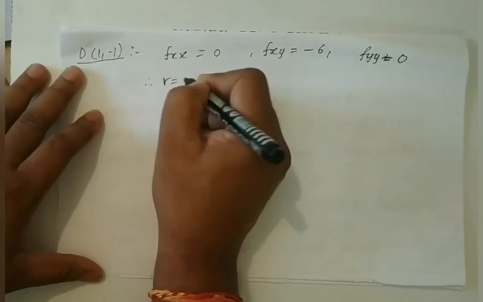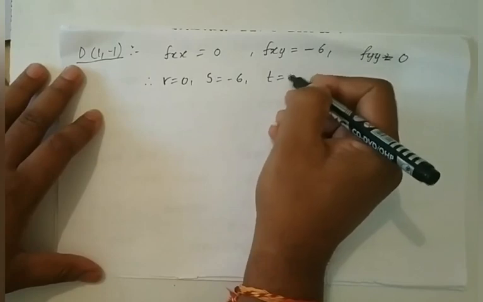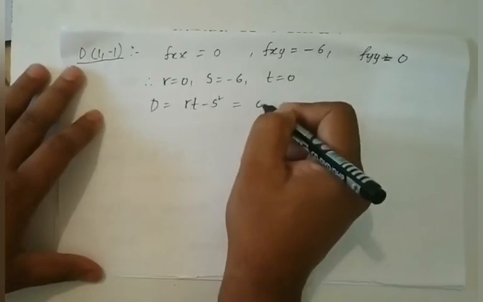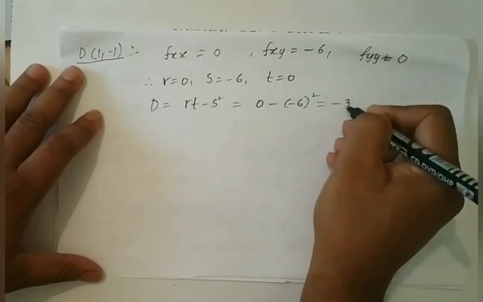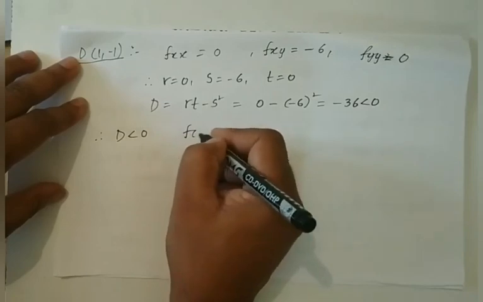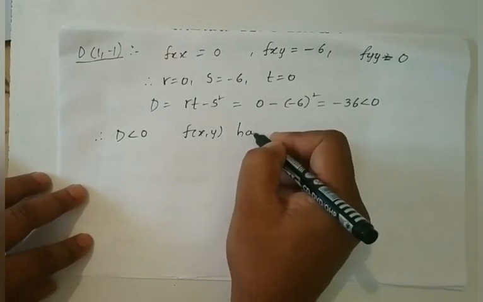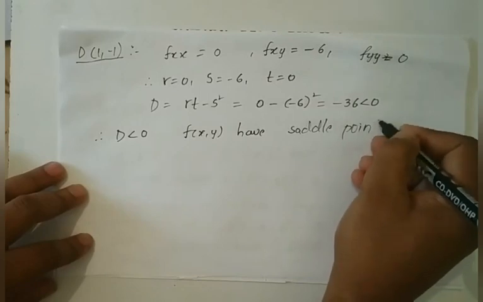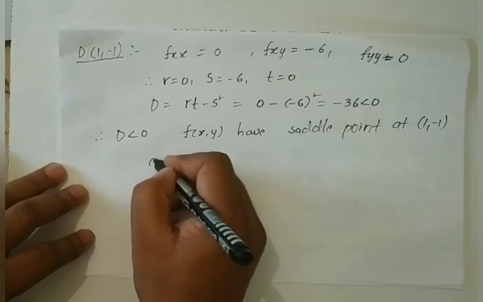Therefore r is equal to 0, s is equal to minus 6, t is equal to 0. What is D? rt minus s square is 0 minus 6 square, which is minus 36, less than 0. Therefore D is less than 0, so f of x, y has a saddle point at 1 comma minus 1.